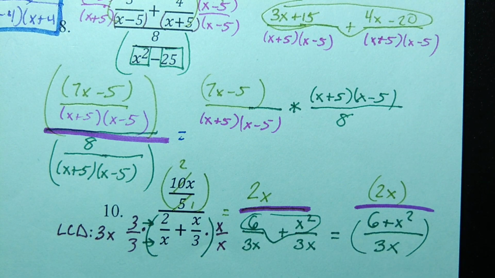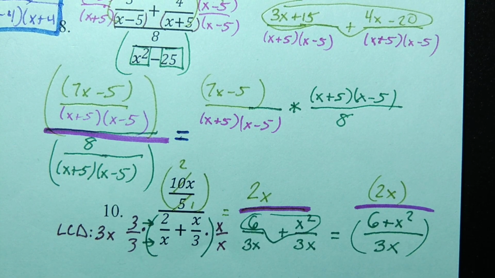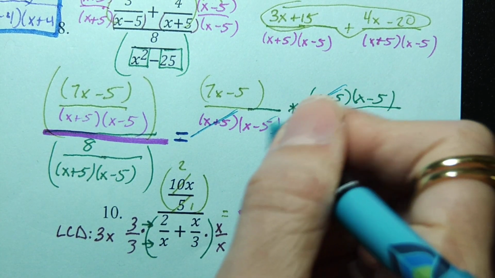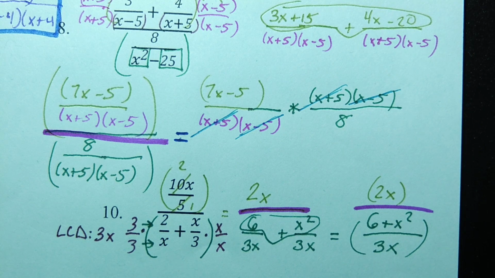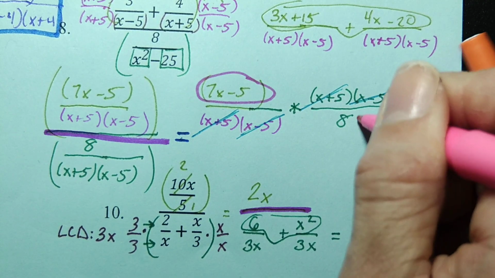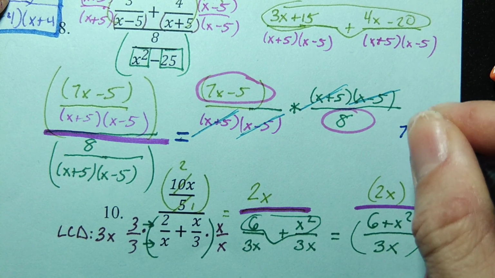So what can I simplify? The x plus 5s are gone. The x minus 5s are gone. Anything else? Nope. So 7x minus 5 all over 8 is our final answer.